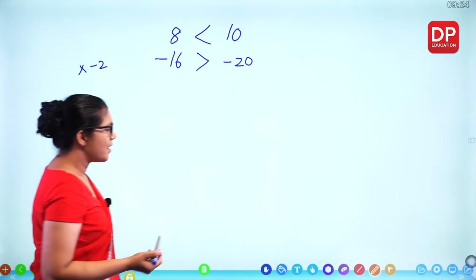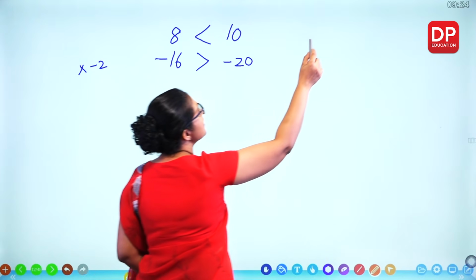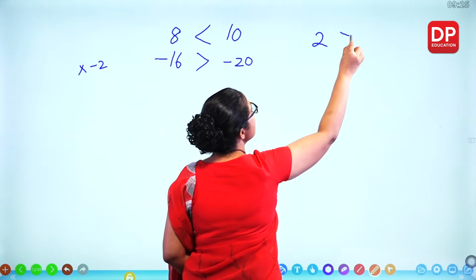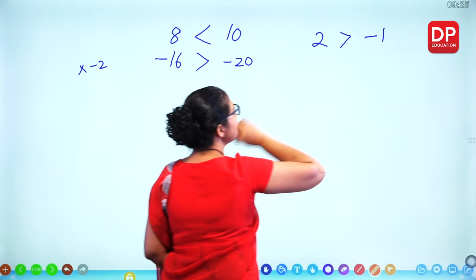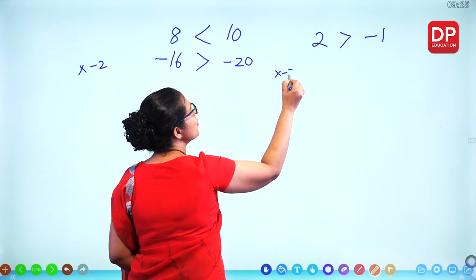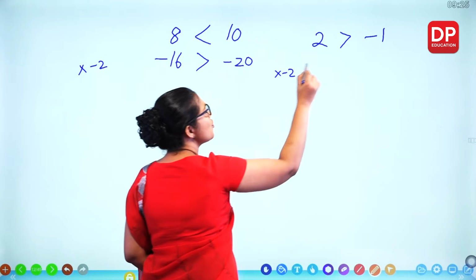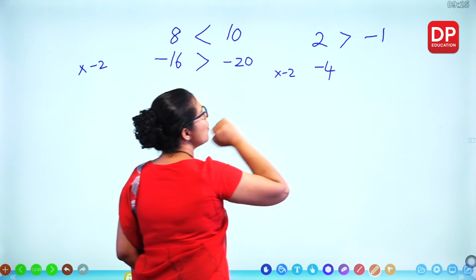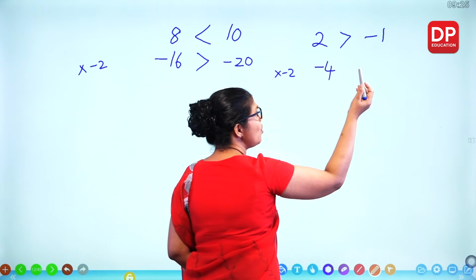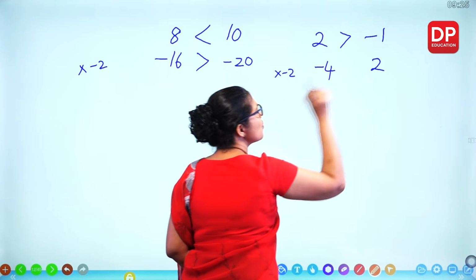We'll take another one. We'll take 2 is greater than minus 1. I want to multiply this by minus 2. 2 times minus 2, minus 4. Minus 1 times minus 2, you get plus 2.